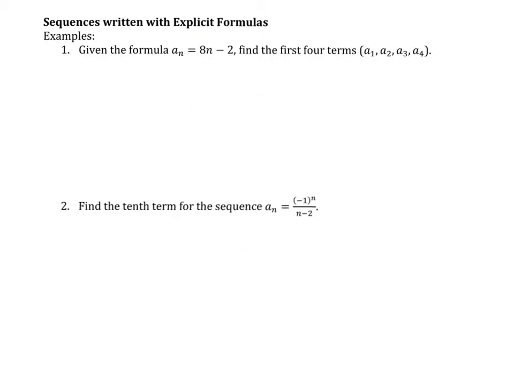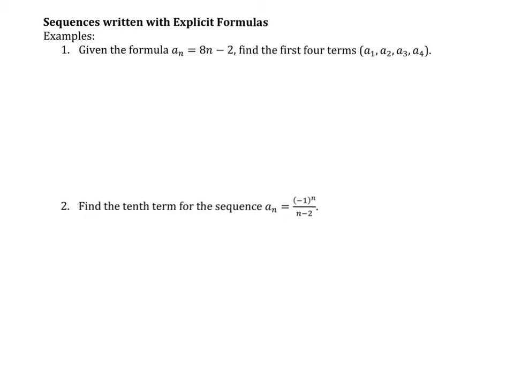Okay, so if you look here at number 1, this is an example of what we called an explicit formula. It is a formula in terms of n. So a sub n is equal to 8n minus 2. I want you to notice the connection that this has to function notation that we just got through doing.